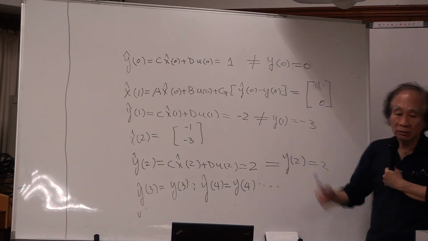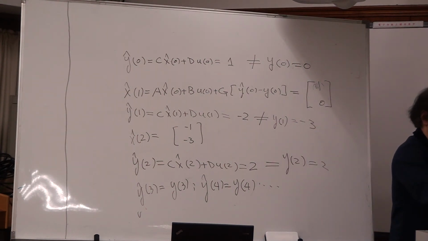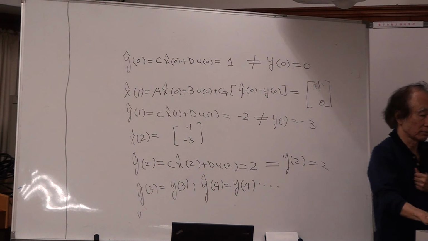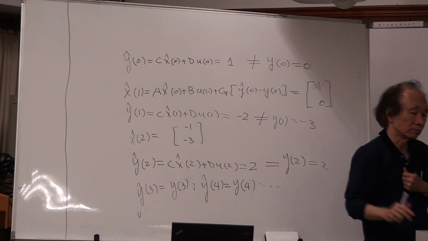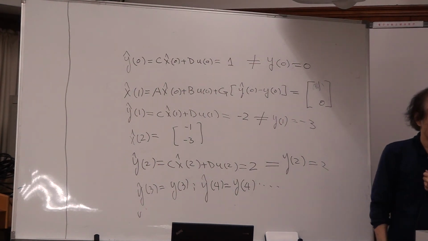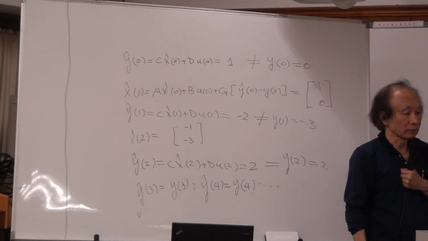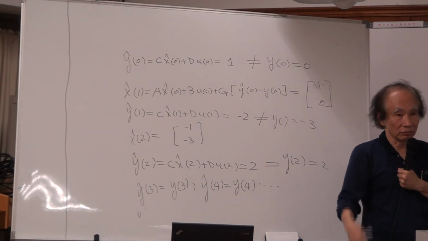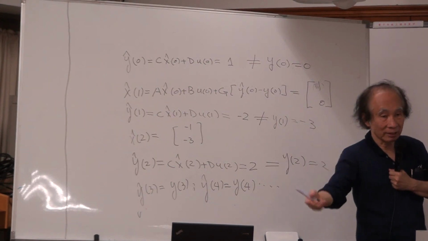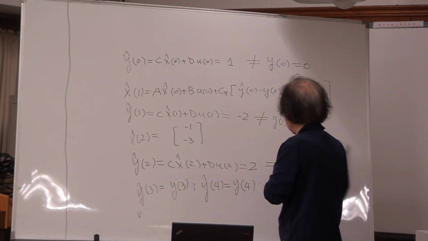So it doesn't matter what your initial conditions are. Now, my estimate initial condition, I assume x hat 0 equals 0, 0. That's 0, 0. I assume, because I don't know. Now, you can assume any value. For example, I assume x hat 0 equal to 100. Right.